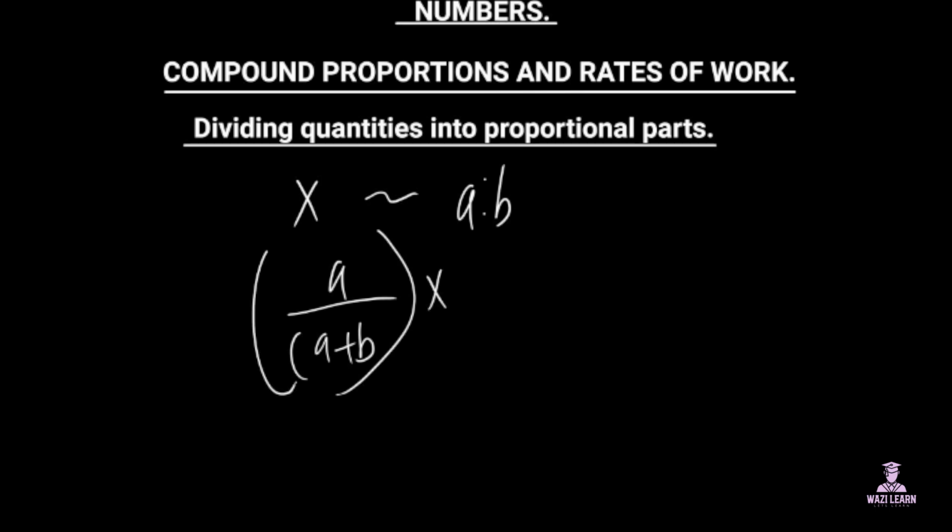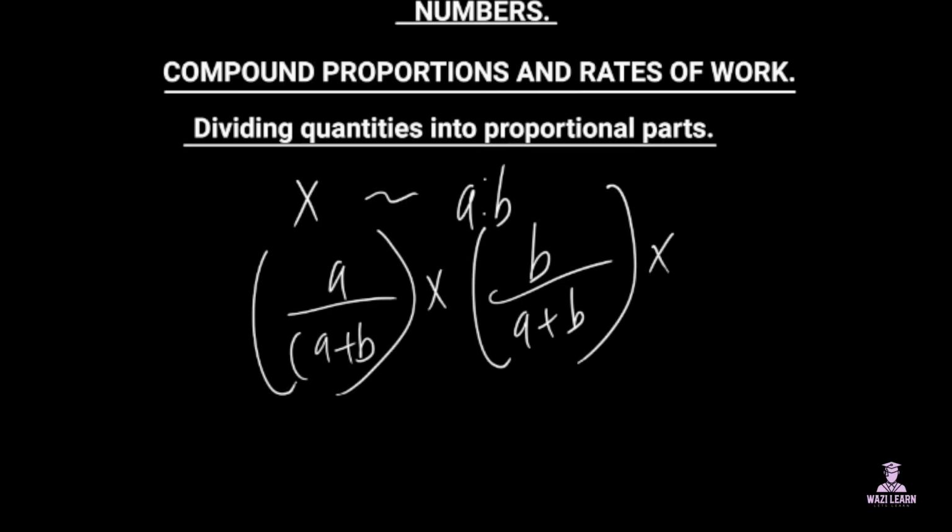The second proportion will be the individual proportion B divided by the total proportional parts, so it will be A plus B. So this is the second proportion of X.